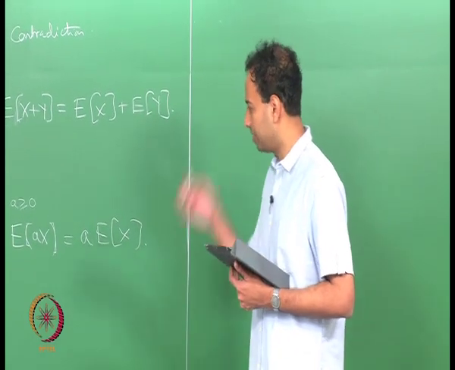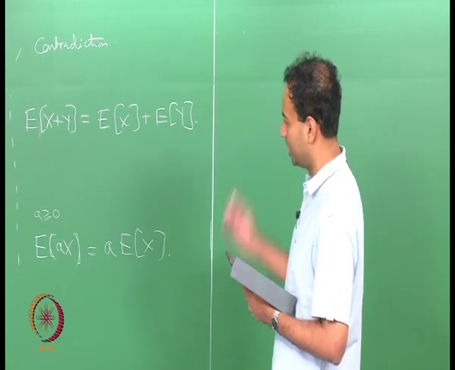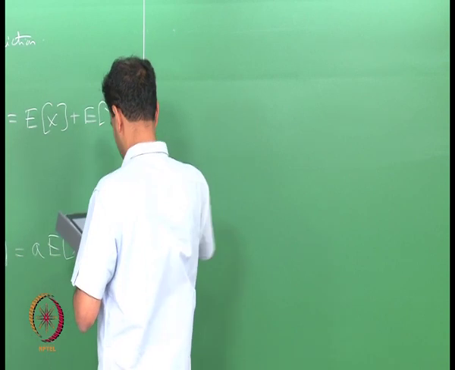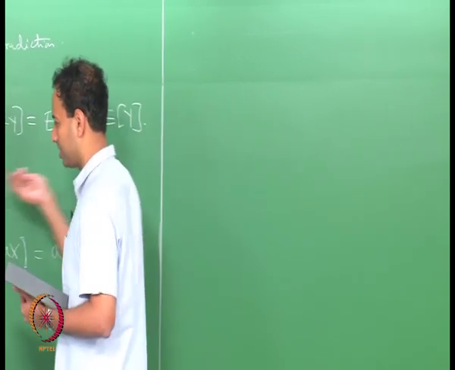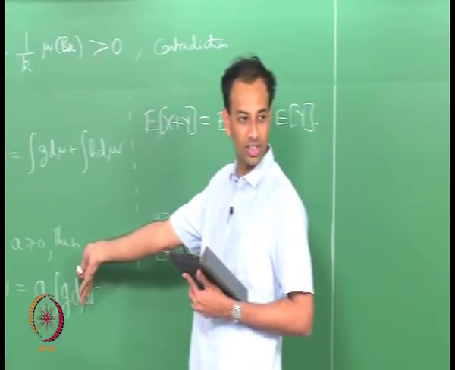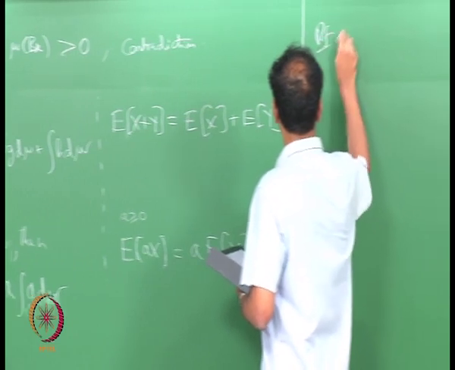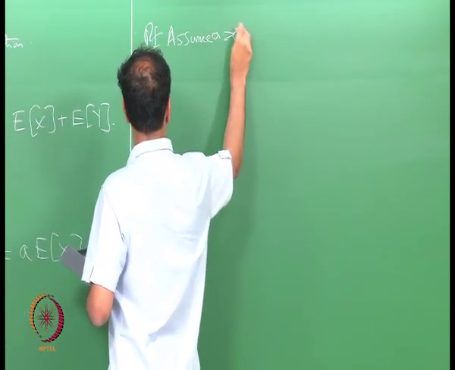Now, for non-negative functions you have to apply the supremum definition. The way it works is this. If a equals 0, the result is obvious, they are both 0. So, let us assume a is bigger than 0. Proof: assume a bigger than 0.